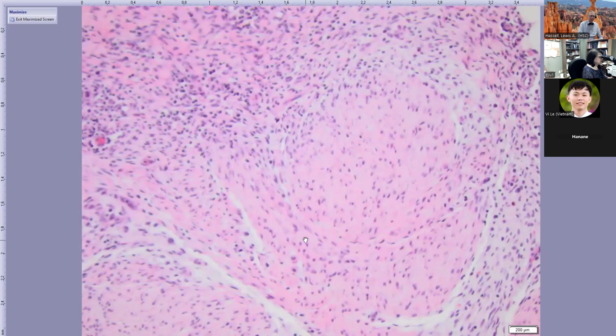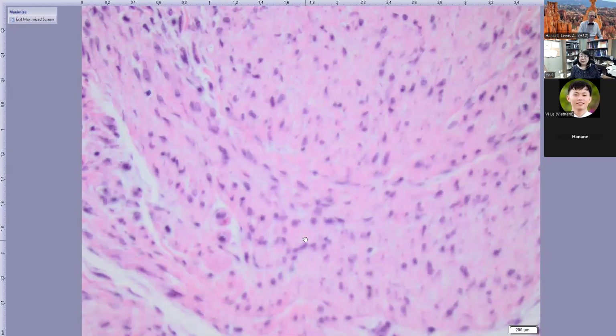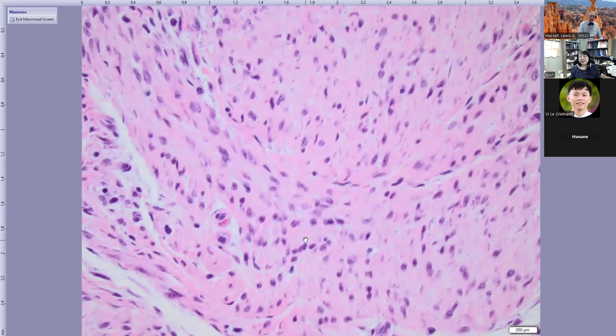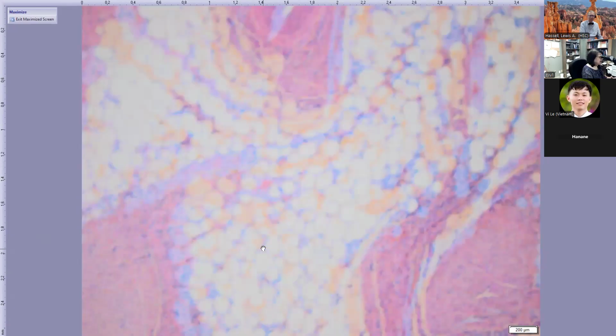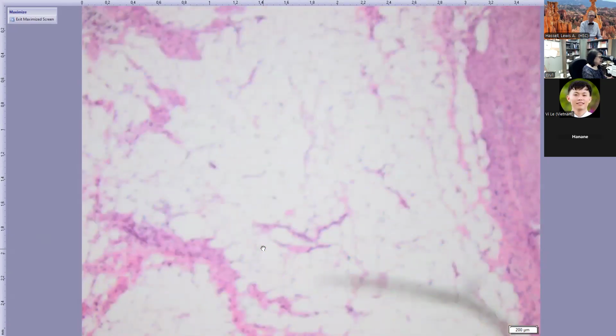Now a closer look at this more pink area. More pink, more like collagen. So the pink is fibrous tissue, the fibroblast or myofibroblast. So that's the overall pink area. And this is fat area.